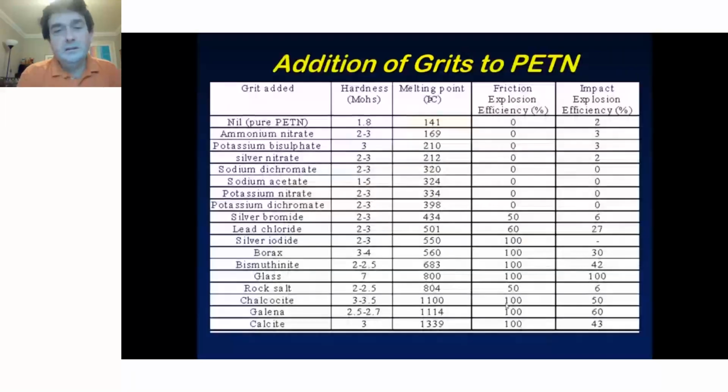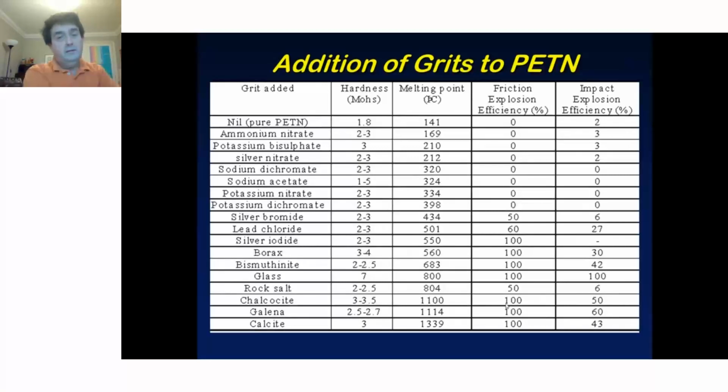They studied this by adding grits to PETN. PETN is a very widely used energetic material, pentaerythritol tetranitrate. And what they did was they added different grits to PETN in a friction assembly.